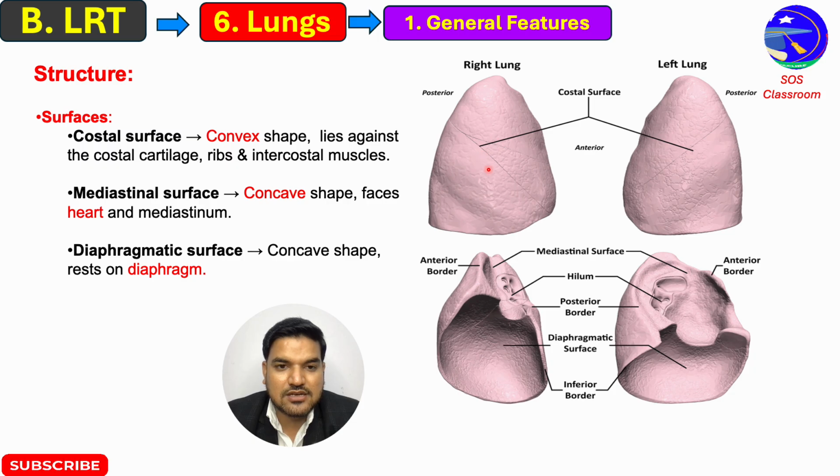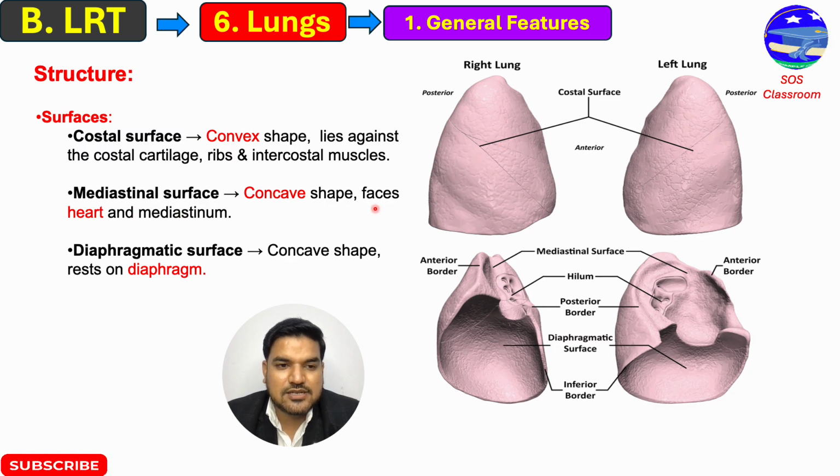So this area of the lungs is toward the rib side, toward the intercostal muscles, toward the costal cartilages. So this is the costal surface.